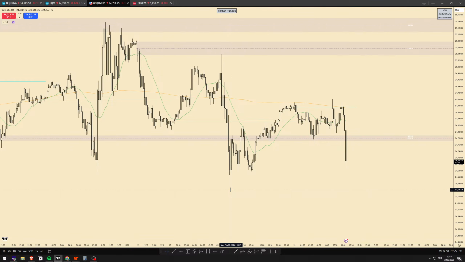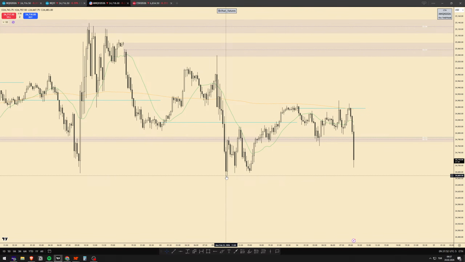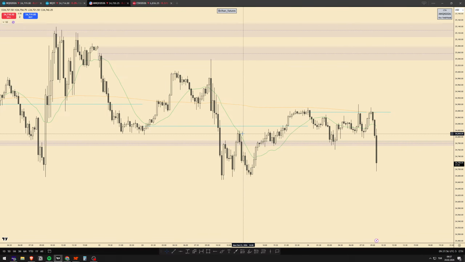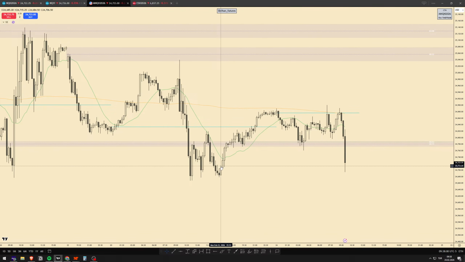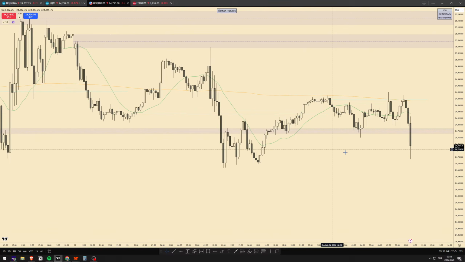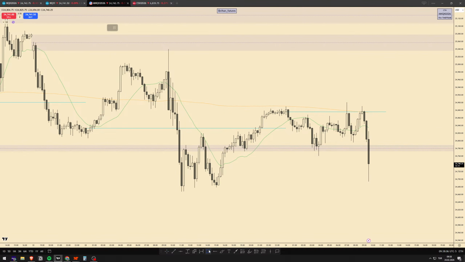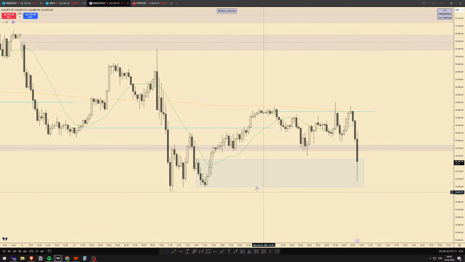Right now I'm just observing the price, looking at these levels. Okay, this is a consolidation area. Price left an imbalance while leaving this small consolidation. There's this small one. Price left an imbalance while leaving that area.